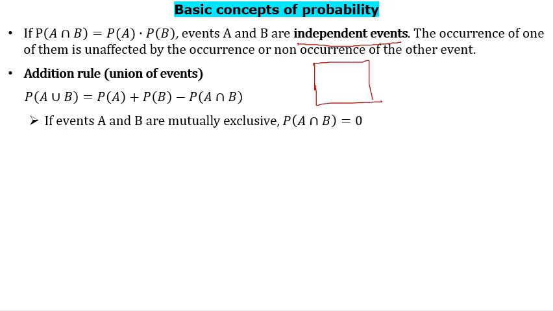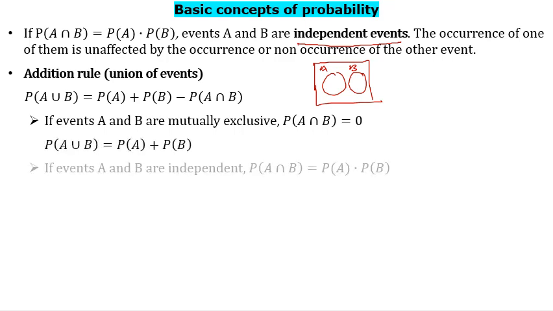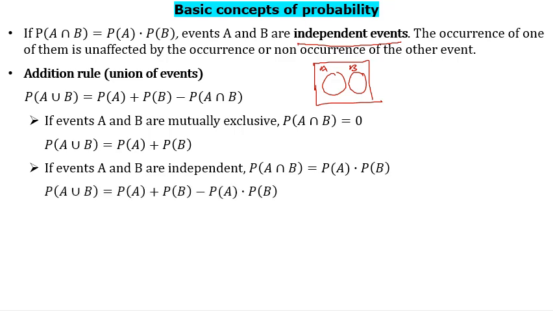Mutually exclusive looks like this: A, B, no intersection between A and B. P(A union B) equals P(A) plus P(B). If event A and B are independent, P(A and B) equals P(A) times P(B), so P(A union B) equals P(A) plus P(B) minus P(A) times P(B).